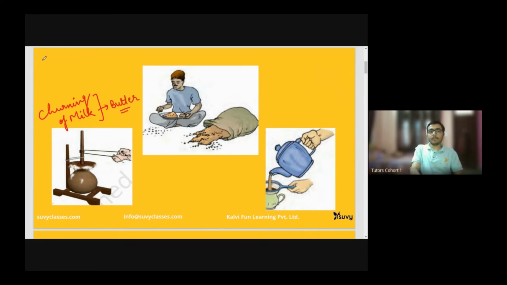Milk has cream in it, which when churned gives me butter. Butter is a milk product, and it is in a mixture called milk. I carry out a process known as churning to separate out butter from the mixture milk.